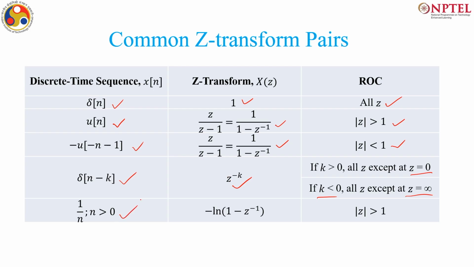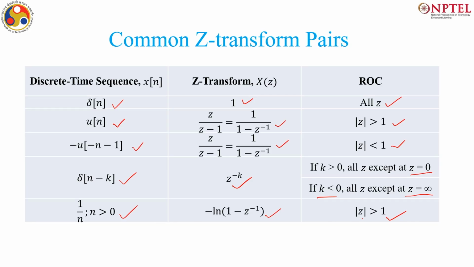Another is 1 by n, where n is positive. So, here we get minus log of 1 minus Z inverse, and this you take as an exercise to find out using the formula, and here the ROC will be mod Z greater than 1, because this is a right sided infinite sequence. So, here it will be mod Z greater than 1.